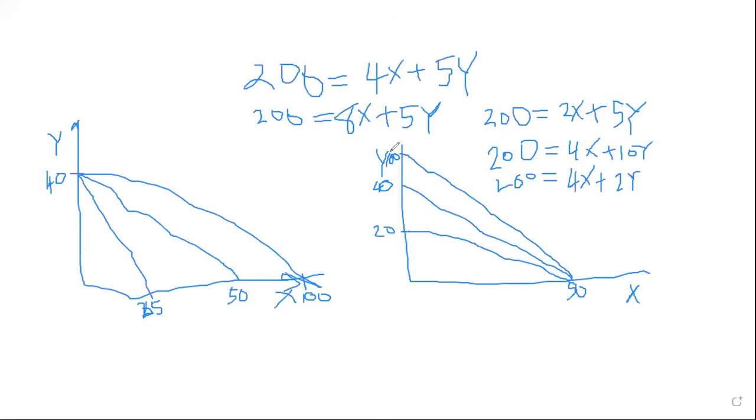But let's look at what happens when there's an income change. So what happens when there is an income change? So again, the budget equation is 200 is equal to 4x plus 5y. So that's the budget equation.